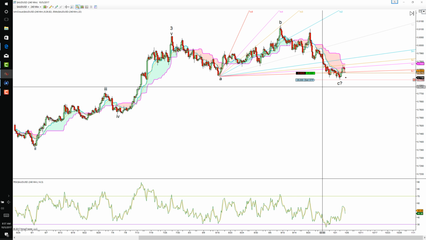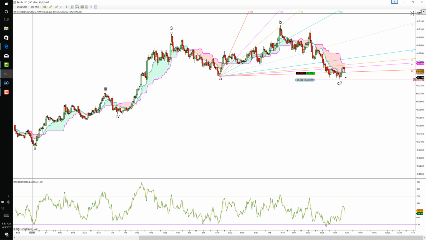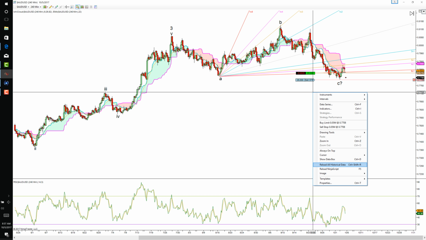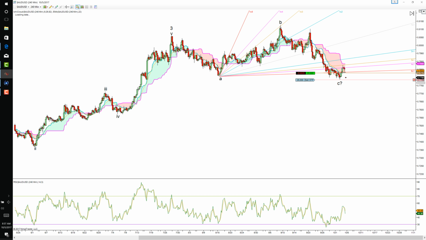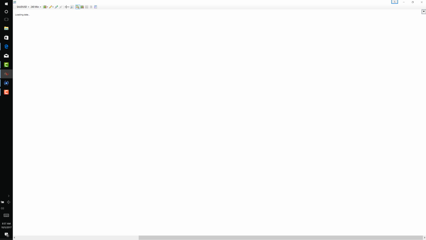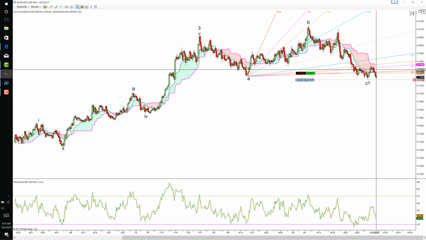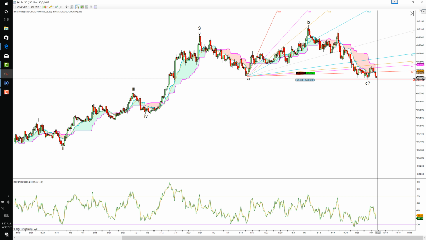I am down on the Aussie dollar to where this is possibly not the end of wave C, and that's why I have the question mark there, because if that was the case, then this would need to be done now.